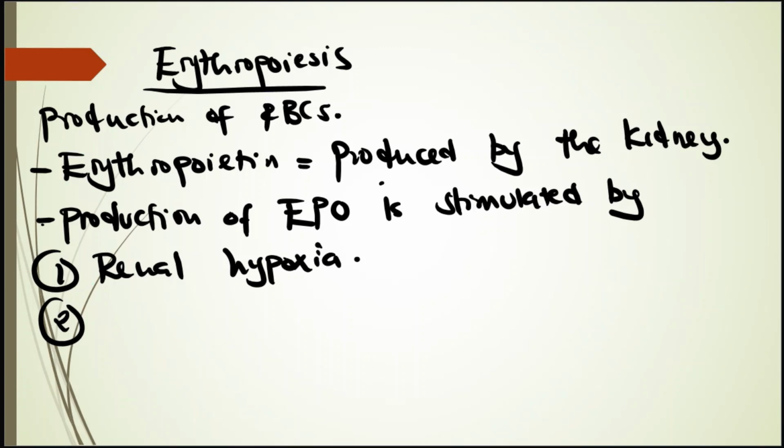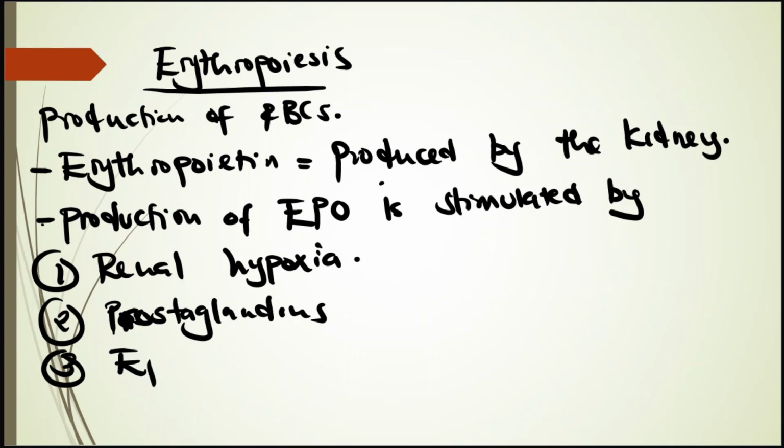Number 2, it is also stimulated by prostaglandins. Number 3, by epinephrine. If you are too excited, too emotional, epinephrine will cause the production of erythropoietin, and erythropoietin in turn is going to increase the level of red blood cells.